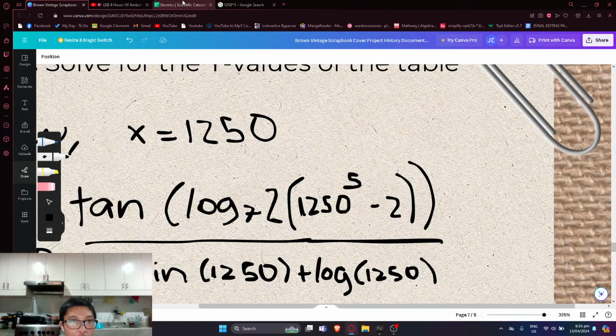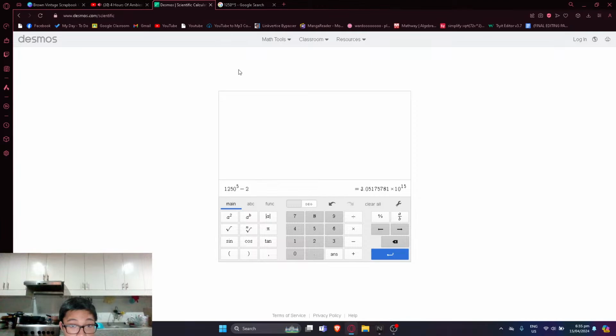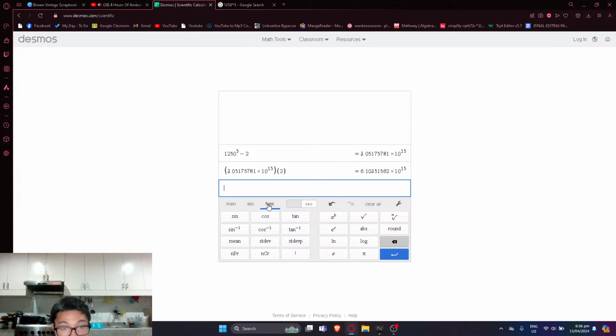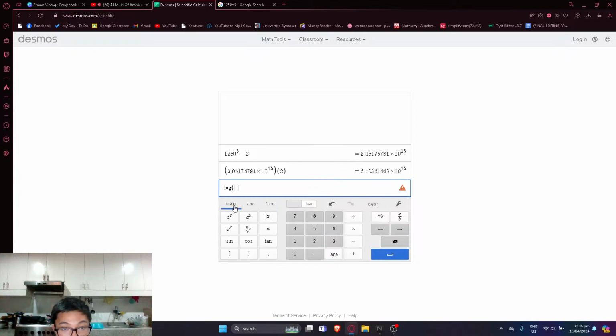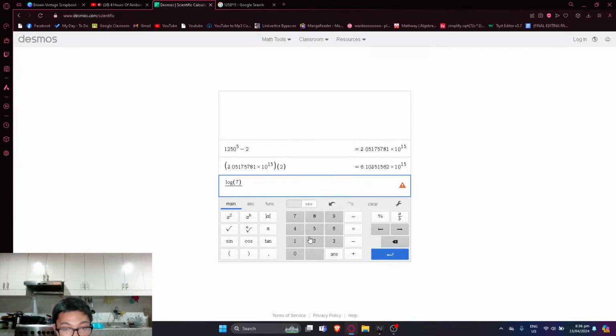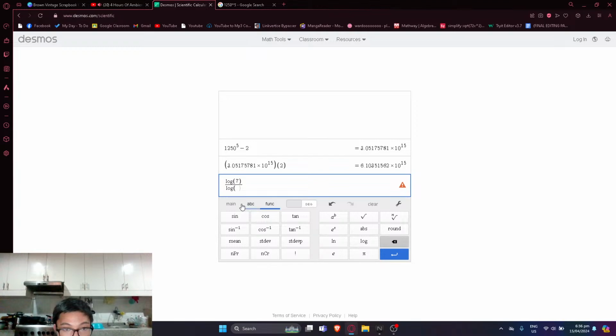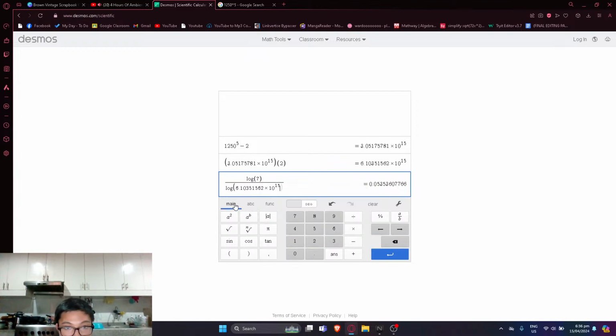And then, what is the log? We need to times this by 2. Oh my gosh. Multiply it by 2. This is what we get. Alright. Then we get log base 7 of this plus log base 7 of the other.